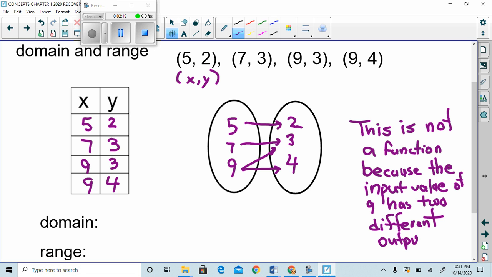And remember, every input can only have one output in a function. It goes to 3, goes to 4.